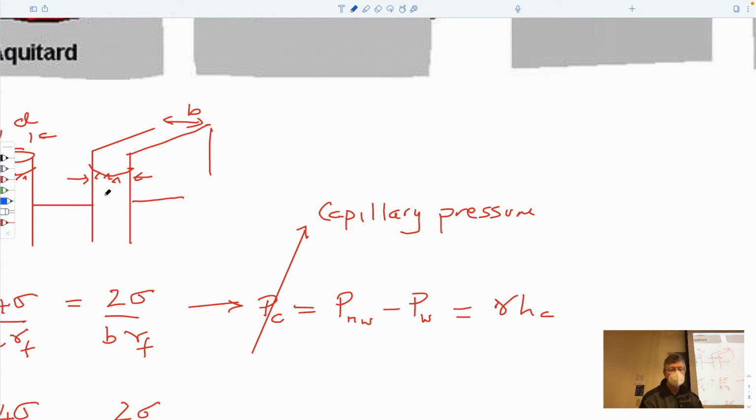And if I'm smart, then what I could do is I could take the pressure that's acting in the wetting fluid, and I could take the pressure that's acting in the non-wetting fluid. So we said before that typically in our systems, if these are glass plates and they're quartz in a reservoir, the wetting fluid would be water, and in this particular case this is just air.